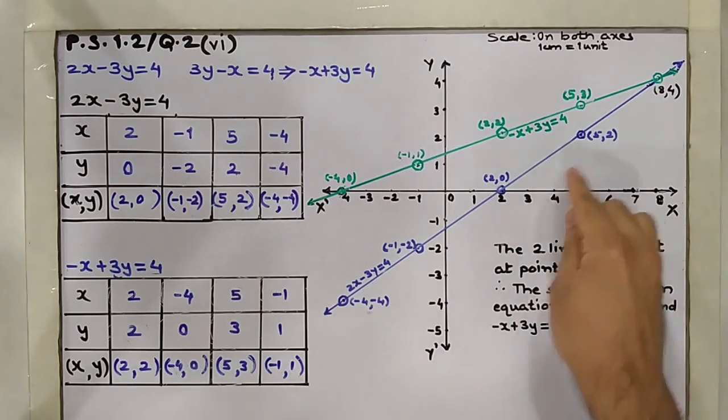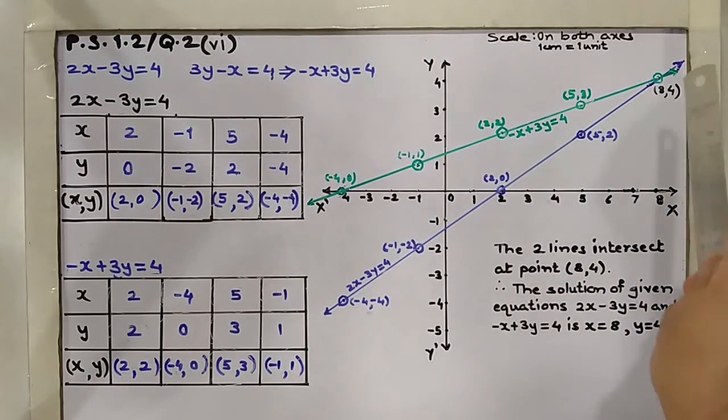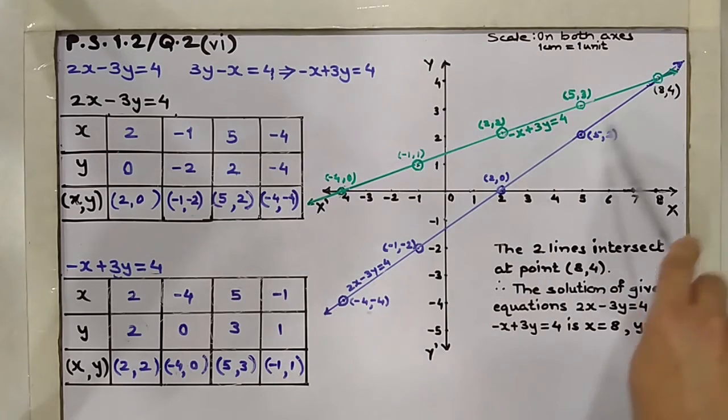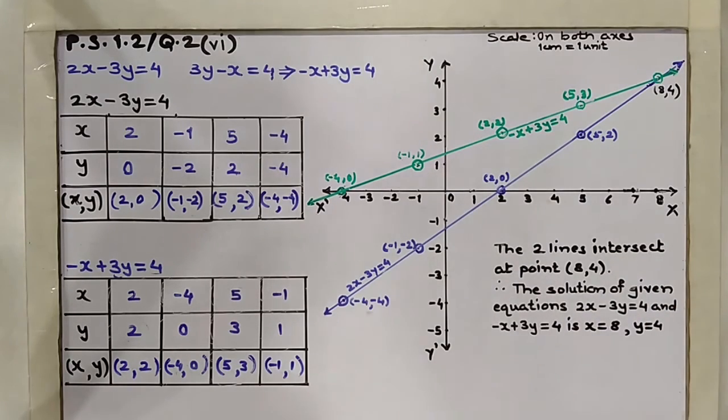After joining all the 4 points, what do we get? We get a straight line. We'll write down the equation of the line. The equation is 2x minus 3y is equal to 4.